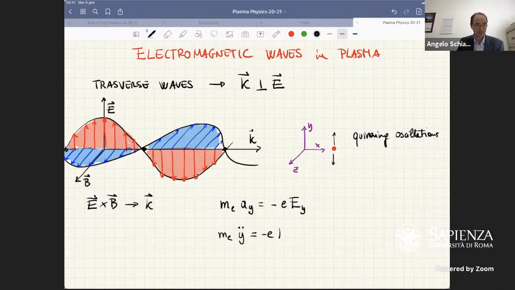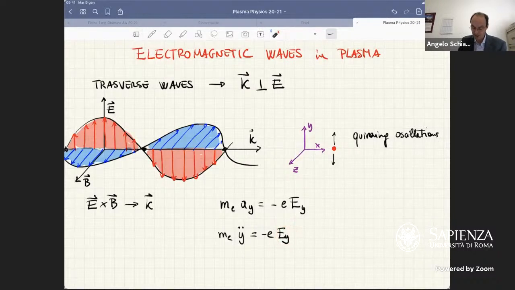And actually we can solve a kind of wave equation. You know that the electric field is an amplitude times a plane wave.